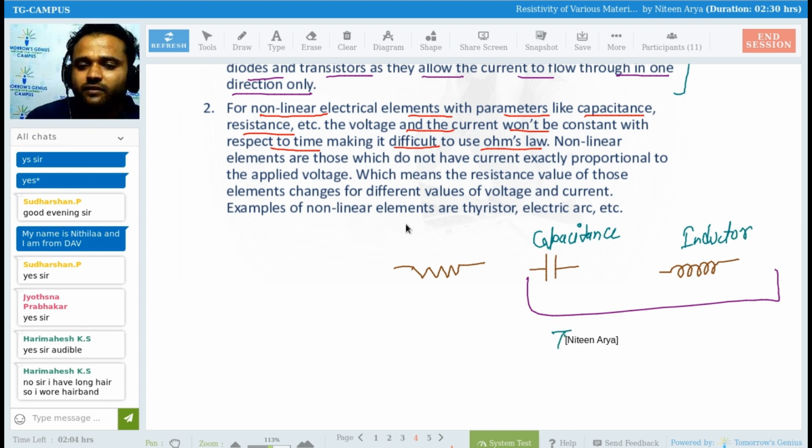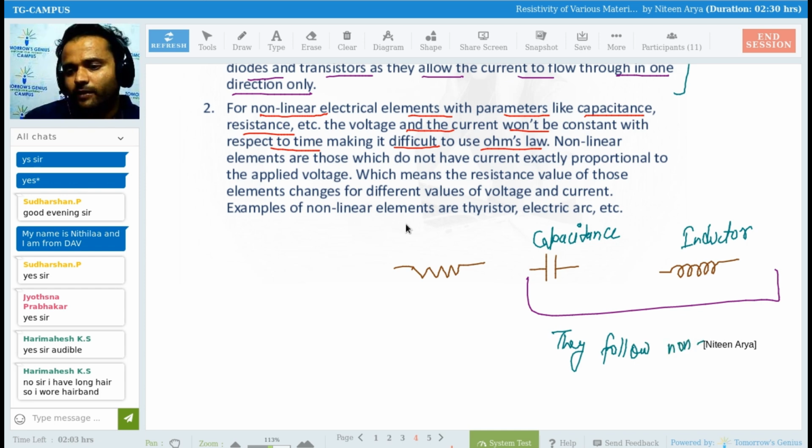They follow a non-linear graph. They follow non-linear, or instead of like this, they do not obey Ohm's law.